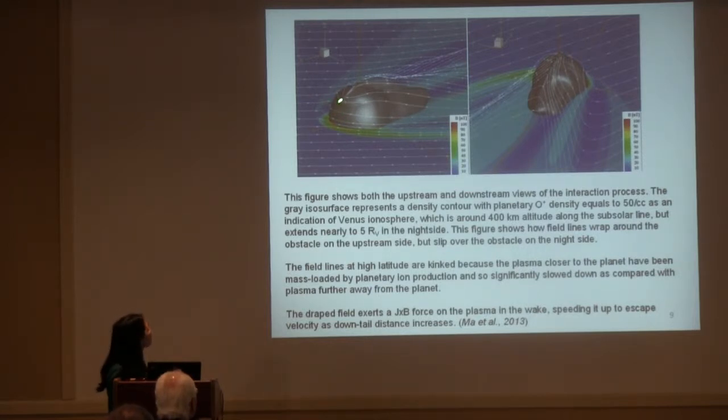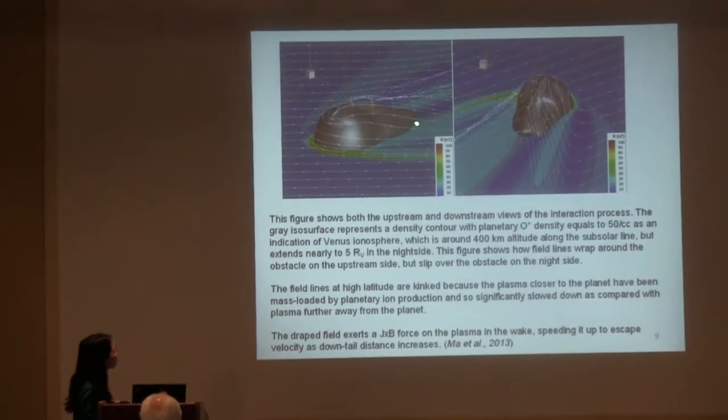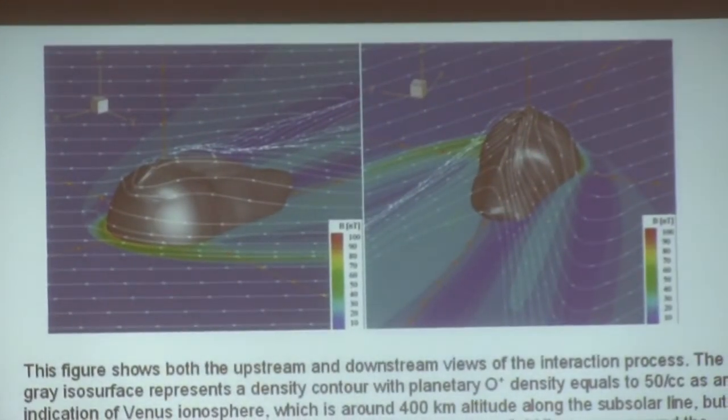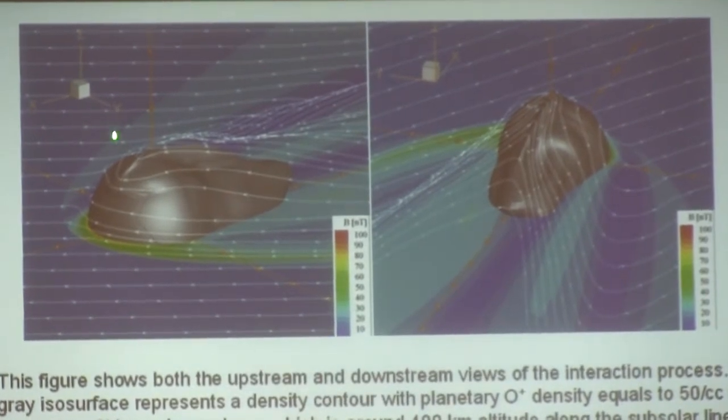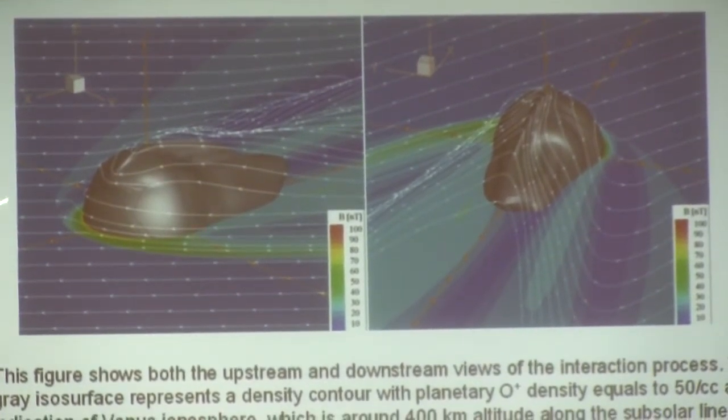As you can see, on this side, the ionosphere is very close to the obstacle, about 400 kilometers along the subsolar line, but extends to a much further distance down the tail, up to about 5 Venus radii. So you can see how these field lines wrap around the obstacle and slip over downstream to the night side.